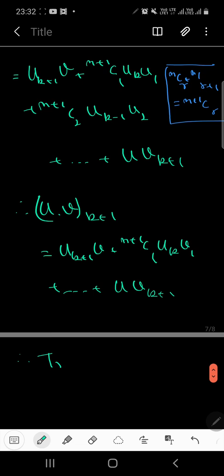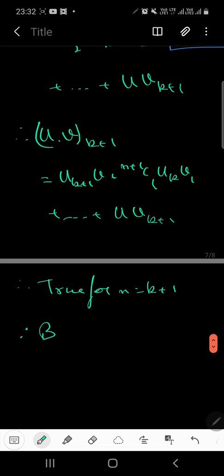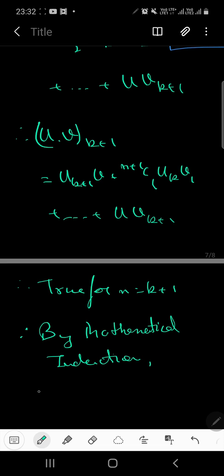Therefore true for n equals k plus 1. Therefore by mathematical induction, Leibniz theorem is proved.